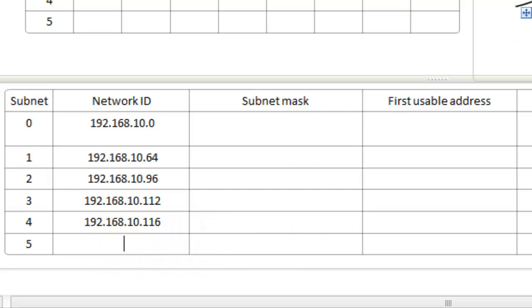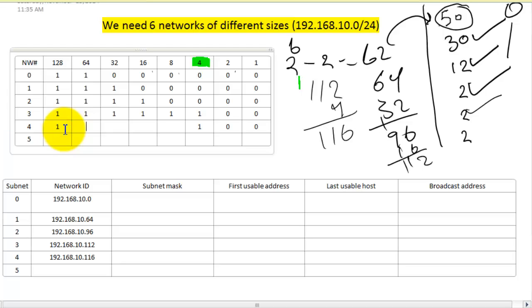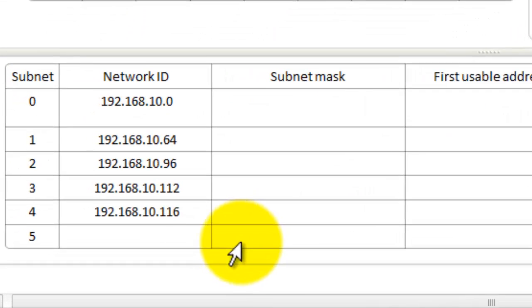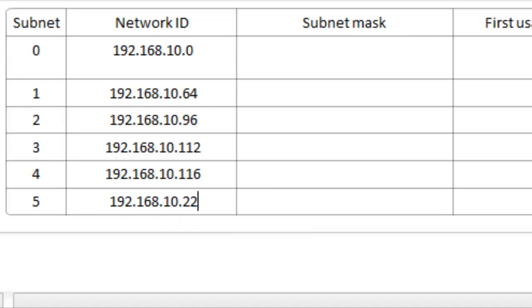So we have another one, which is this 2 here. It has the same as this one, which is 1 here, and then 0, 0, and then everything here is 1, 1. And also the magic number is 4. That's 4 plus 116. You have 220. So the next network ID will be 220.